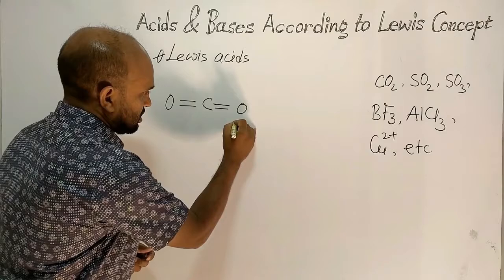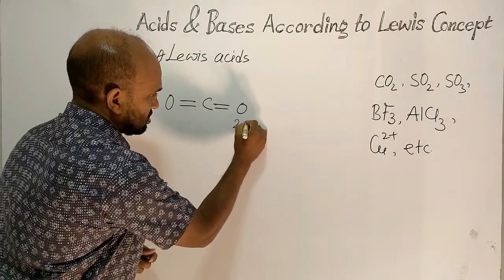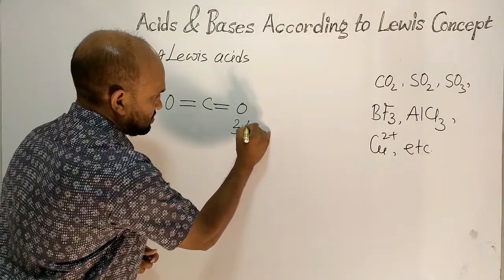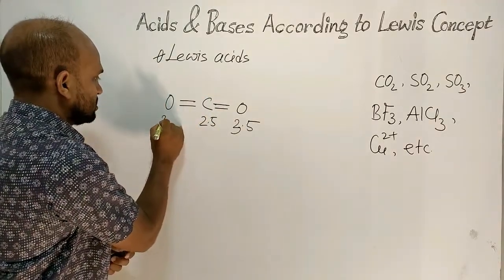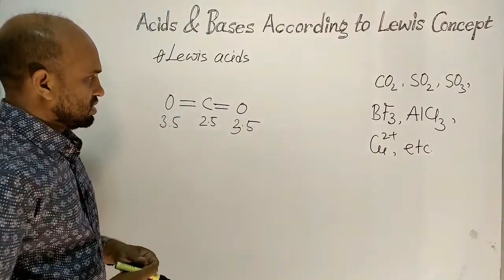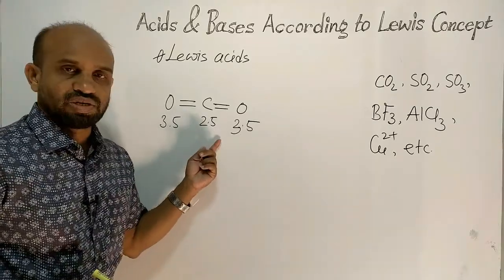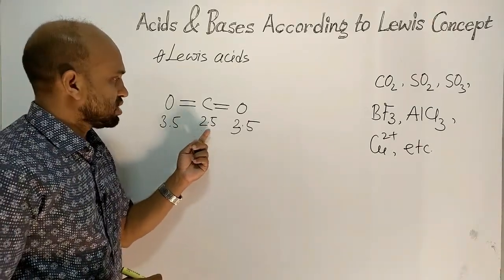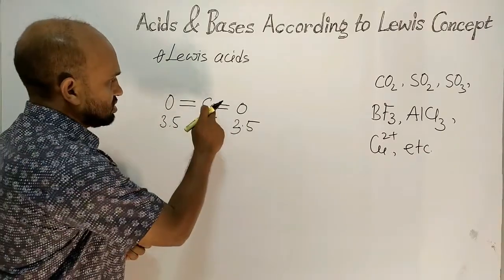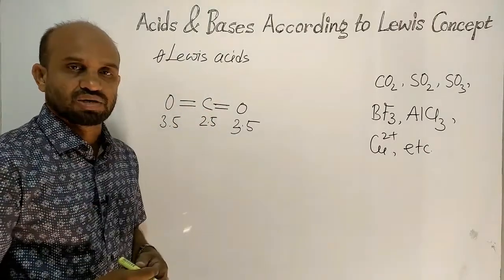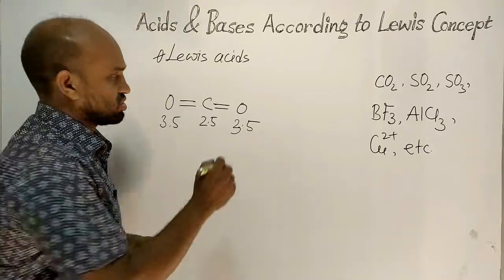Here, electronegativity of oxygen is 3.5 and carbon is 2.5. The electronegativity difference between carbon and oxygen is quite high. That is why these covalently bonded electrons move towards oxygen.